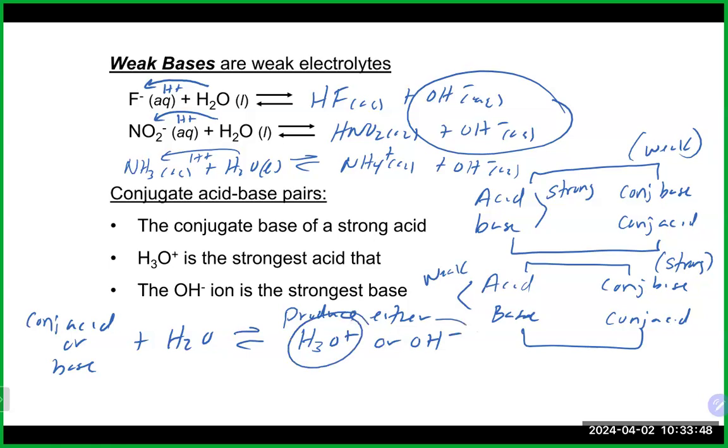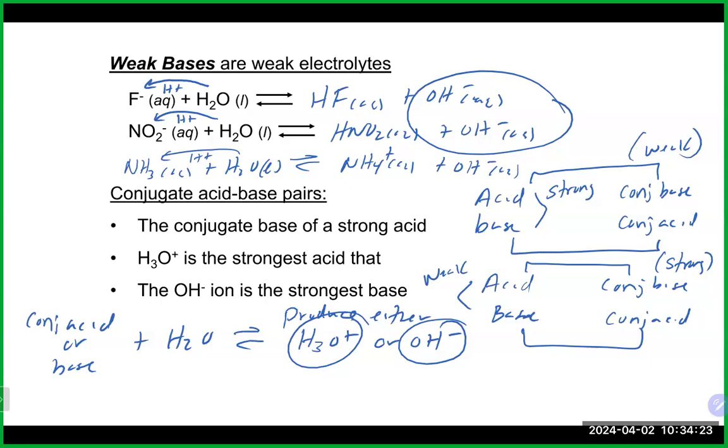Because it continues to react with water and produce more H3O plus or more OH minus, it can actually have an effect on the pH of the solution. It will change the pH and make it either more acidic or more basic. That's a really important relationship to understand, especially when we get to salts and the hydrolysis equations and reactions we're going to talk about.